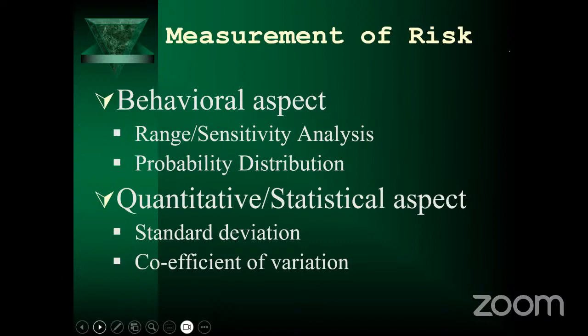Under the behavioral aspect, there are two methods: range or sensitivity analysis, and probability distribution analysis. In the quantitative or statistical aspect, we can measure the risk with the help of standard deviation. I hope you have already studied standard deviation in statistics. Yes or no? As well as coefficient of variance.